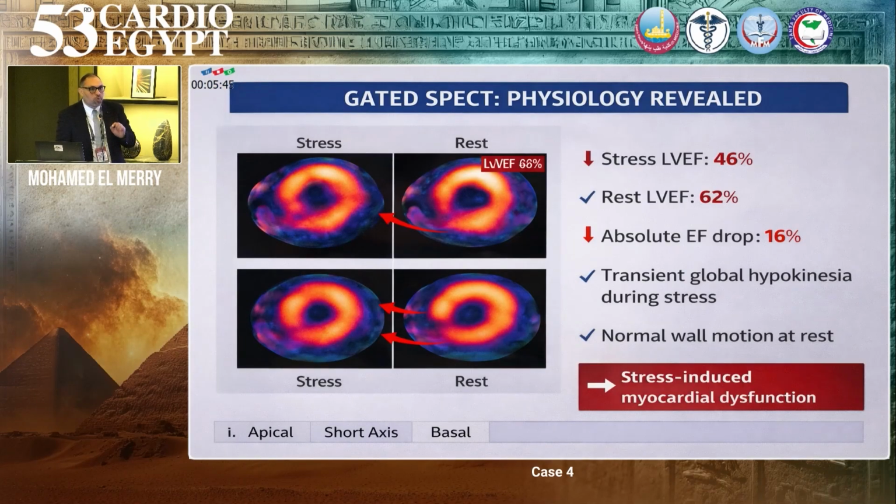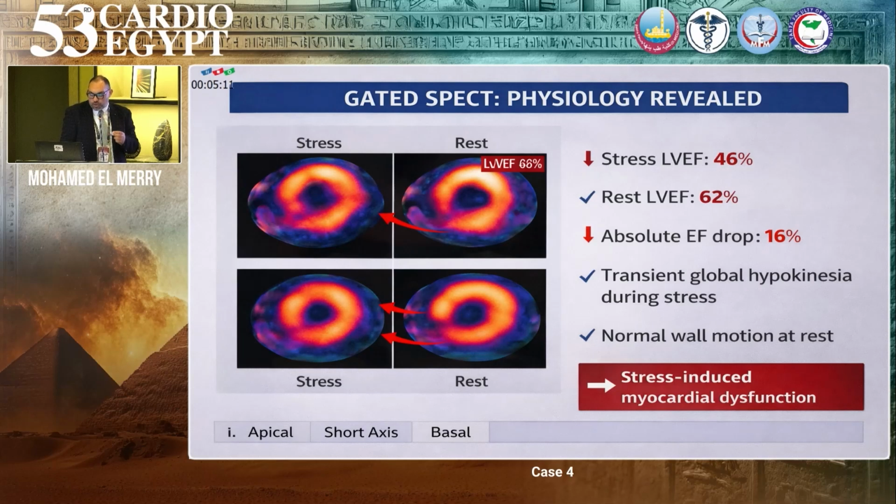So we should do gated SPECT, which shows more data on the physiological pattern of the microcirculation. It shows some red flags: the stress LV ejection fraction dropped by around 16%, from 62 at baseline to 46 on the stress ECG-gated study, with transient global hypokinesia and normal wall motion at rest.